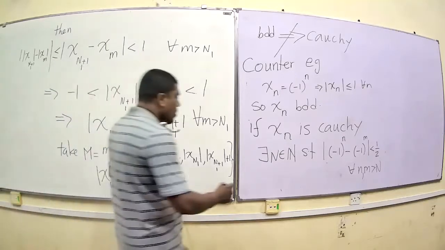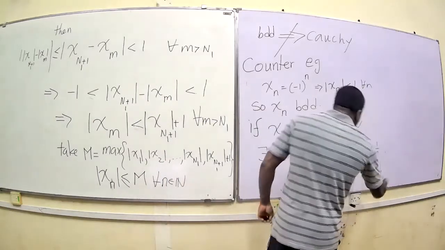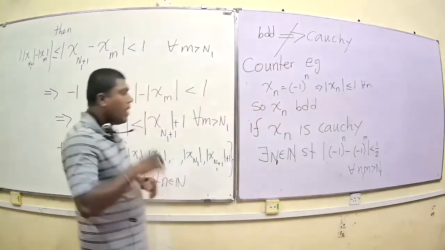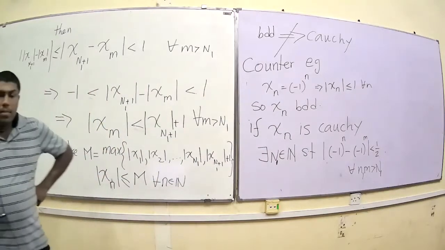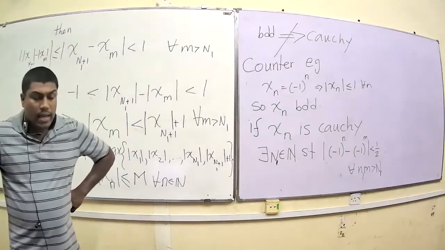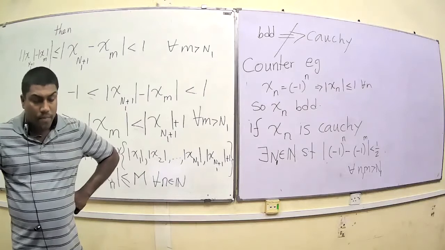So in this case, we choose that. Let's fix N, so I will name it as n1. You choose epsilon as half, and then you fix N as n1. So for some fixed n1, for all m, n greater than n1, this is less than half.